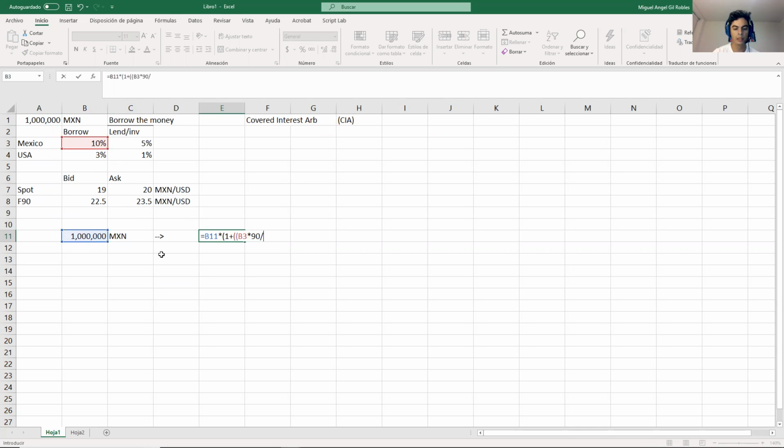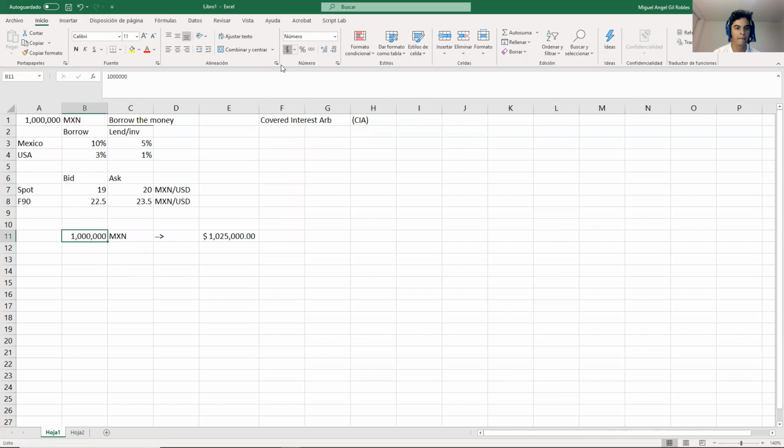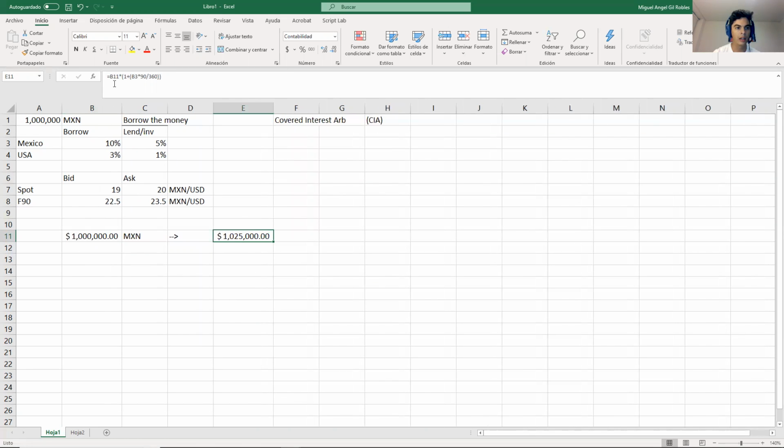It's not written in there, but it's 90 days because the forward says 90 over 360. This is the amount of money that I have to pay back after 90 days. And as I like to write it, I will write a minus, so I remember that this is something that I need to pay back.